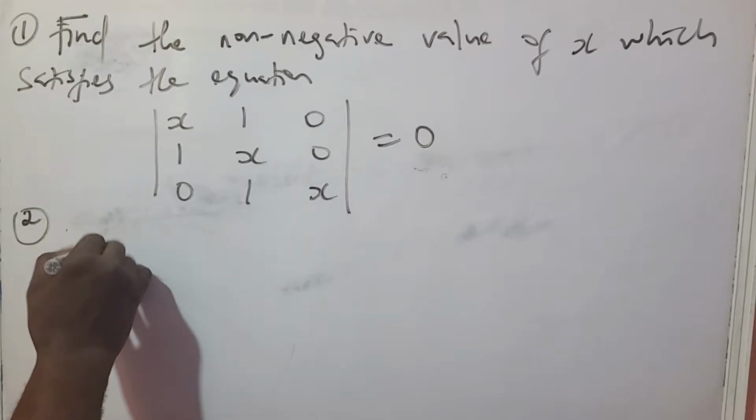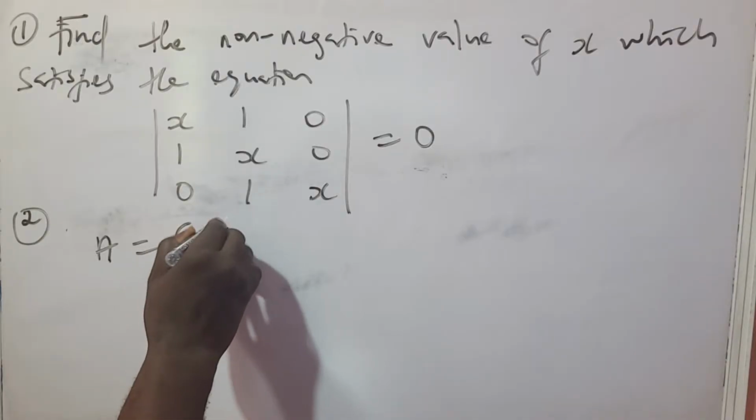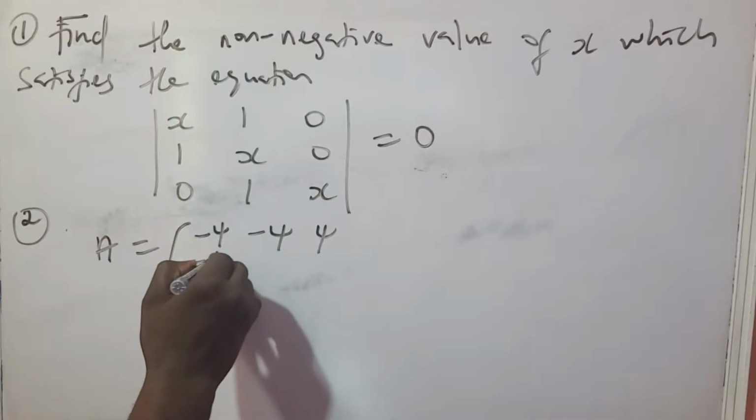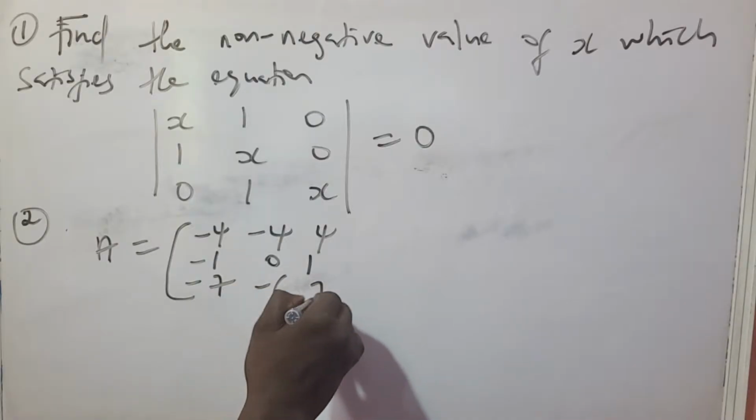Okay, we have a matrix A given as this: -4, -4, 4, -1, 0, 1, -7, -6, 7.